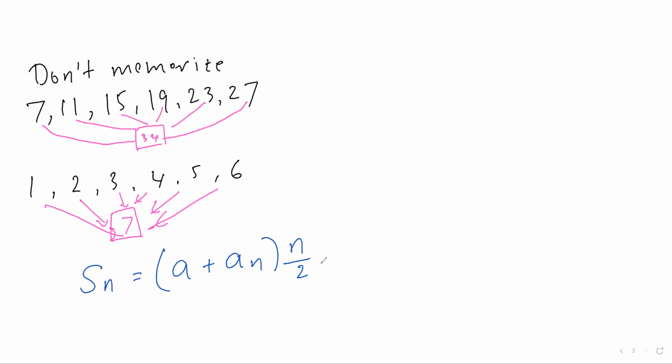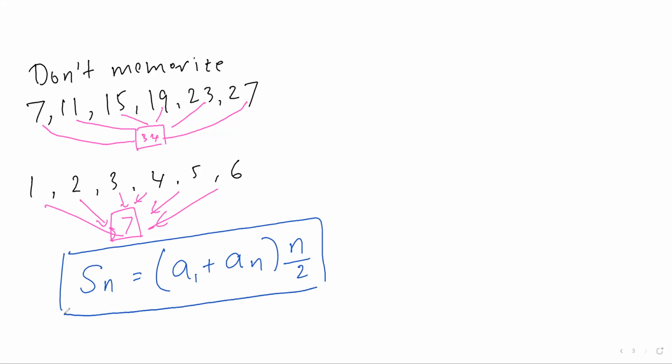You can write it in different ways, but this is how you remember: the first one and the last one added, and there are half the number of pairs. That's the second equation.